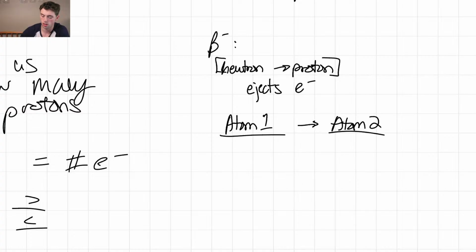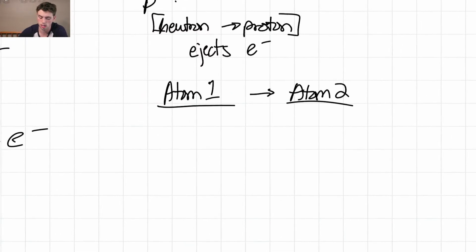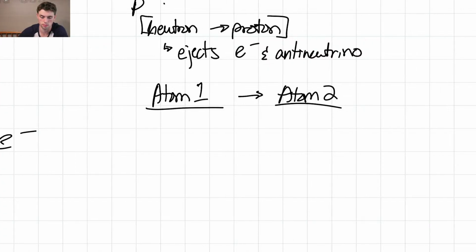Remember, our definition of what an atom is, is pretty much the number of protons within the nucleus. And in order for the charge to be the same, an electron and an antineutrino actually get ejected. So there's that.